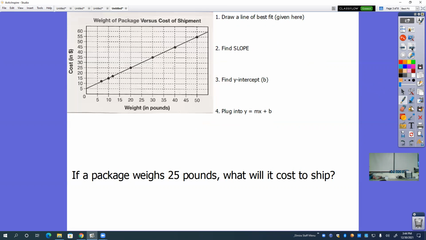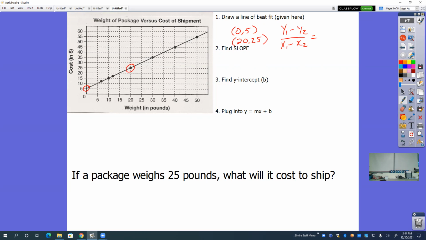Okay, so draw a trend line, already done for us. Okay, find the slope. So again, our first point would be 0, 5. And here's one that's right on the line at 20 and 25. So again, y1 minus y2 over x1 minus x2.